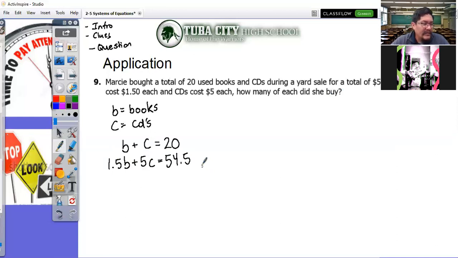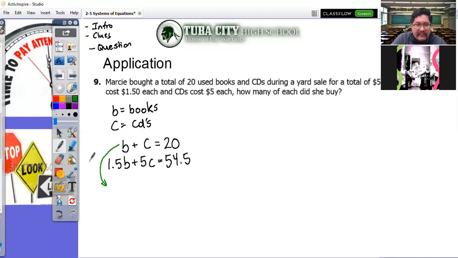Now we have to pick one of these to eliminate. So what number could we eliminate? I could multiply the entire top equation by 1.5 so that B would cancel, but that seems like a lot of work. I don't want to multiply by decimals if I have to. So I'm going to try to get this to be a 5.